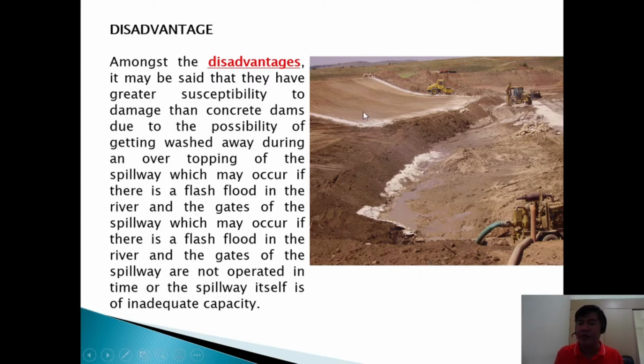The material that will be used for the dam, the soil properties, should be checked, and it should be analyzed well in terms of slope stability. That's the reason why we design the earth dam in terms of slope stability, because of this disadvantage of being susceptible to damage.